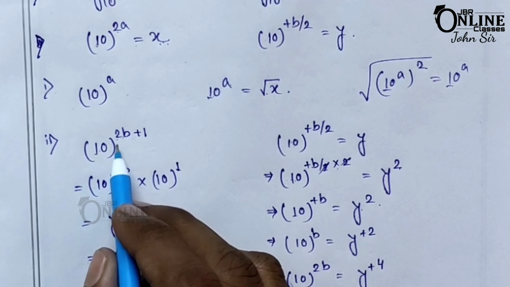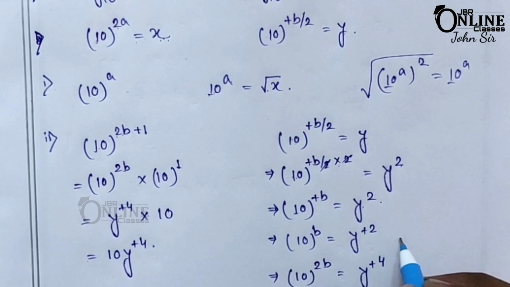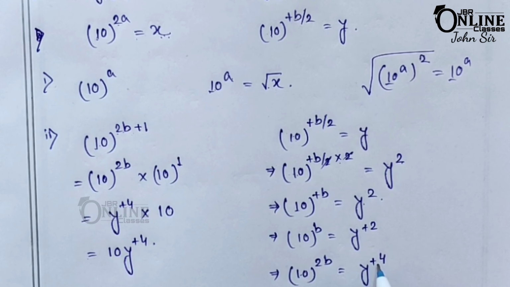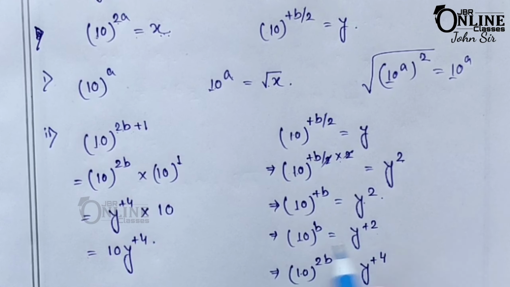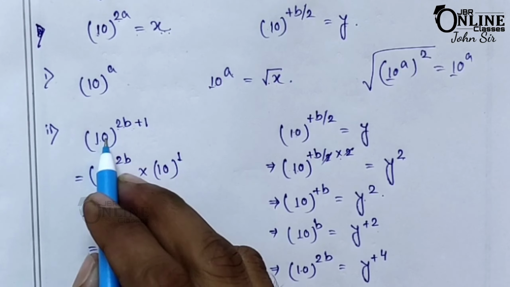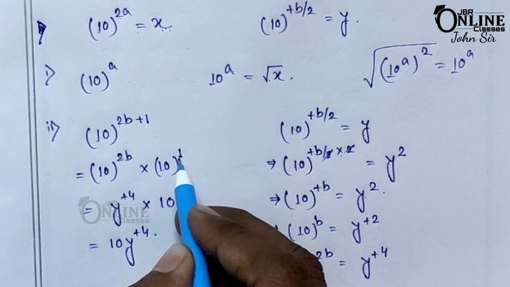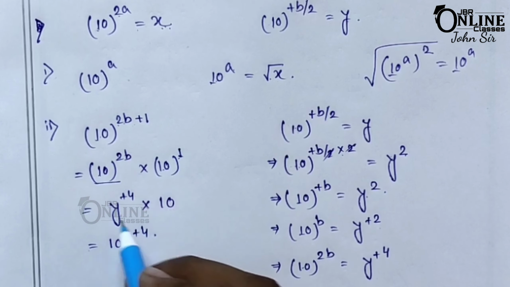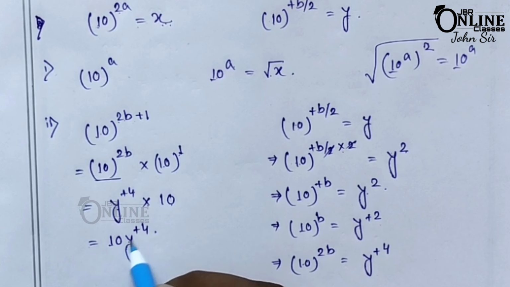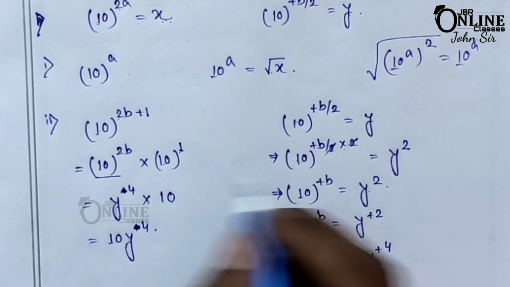Now you want to find out 10 to the power 2b, so again squaring both sides, you will get 10 to the power 2b equal to y to the power 4. And here 10 to the power 2b plus 1 means 10 to the power 2b into 10 to the power 1. Then instead of 10 to the power 2b, write down y to the power 4 into 10. So finally 10 into y to the power 4. You can just write down only 4, no need to write down the positive sign.